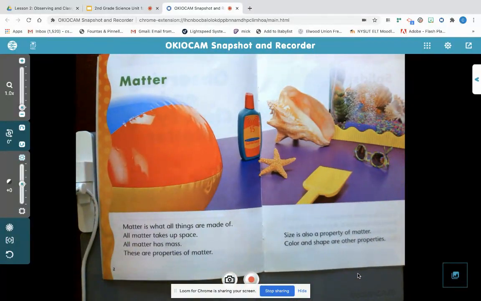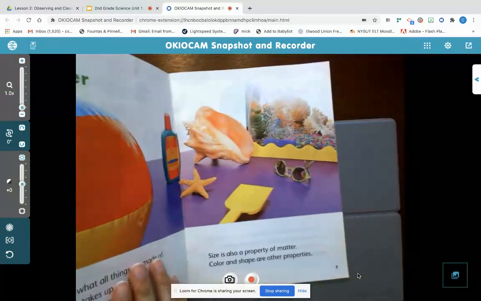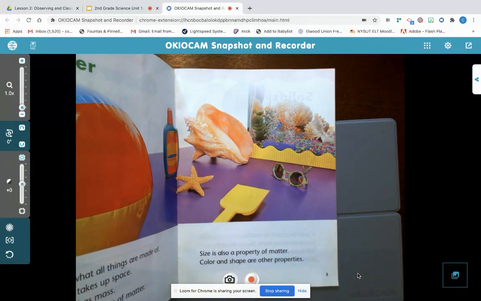Matter. Matter is what all things are made of. All matter takes up space. All matter has mass. These are properties of matter. Size is also a property of matter. Color and shape are other properties.